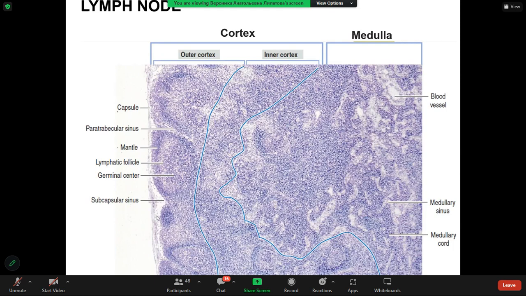After this, subcapsular lymphatic sinuses continue with intermediate cortical, after this intermediate medullary, and collect into central sinuses, and after this to the efferent lymph vessel.